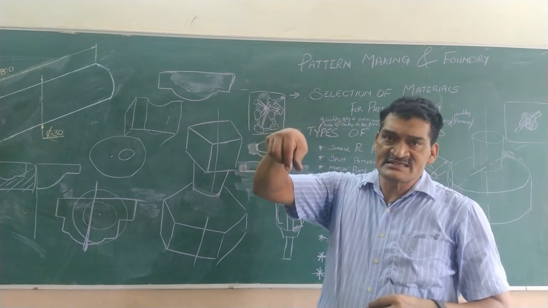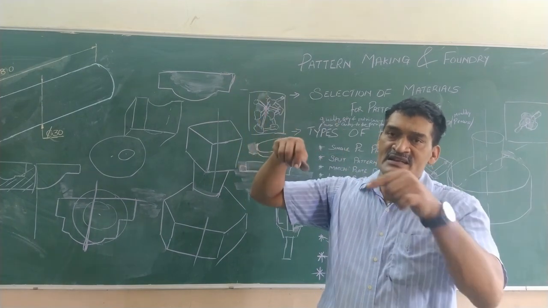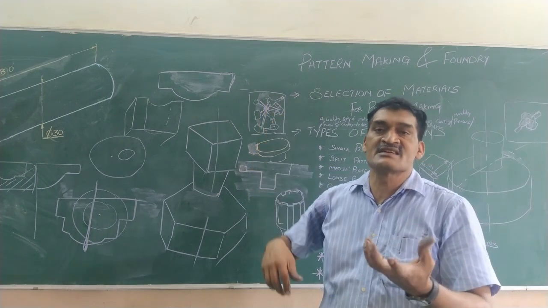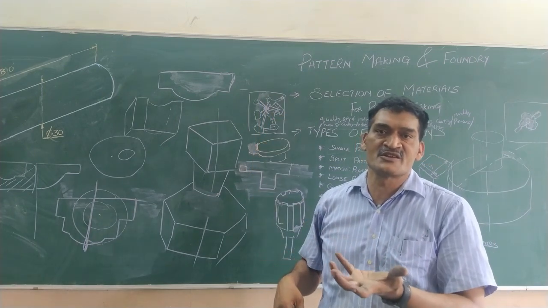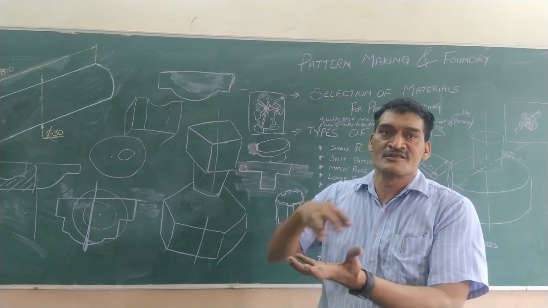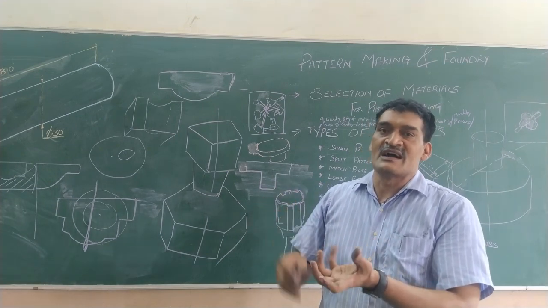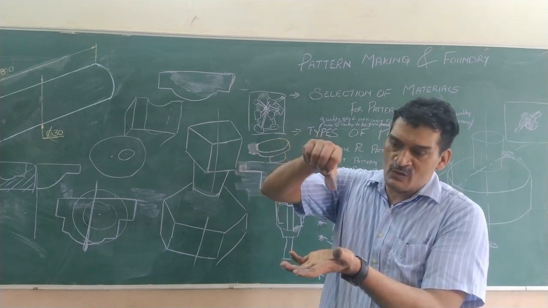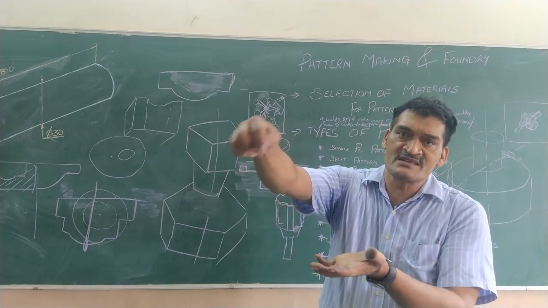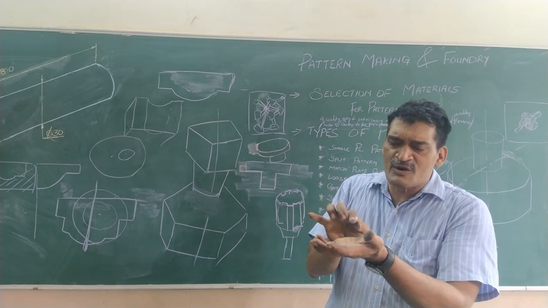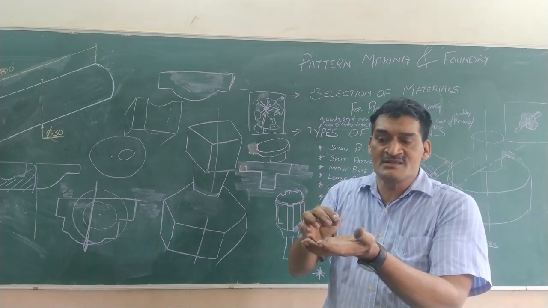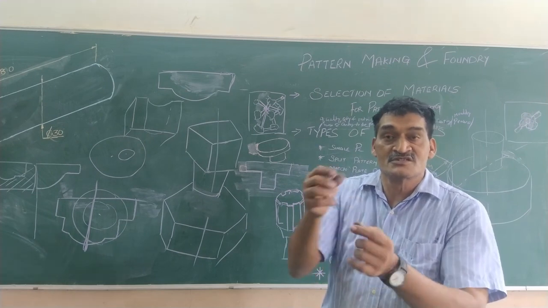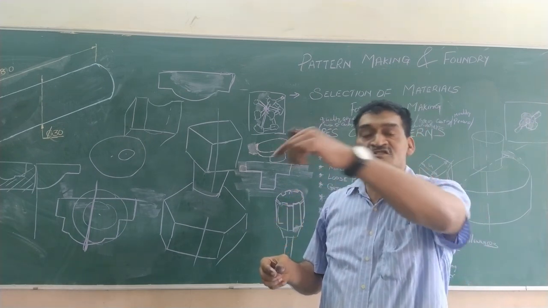So these passages are interlinked so that when you pour the molten metal, just like if you see in a refrigerator or a fridge, you have your ice tray. So if you pour water in one, it goes on filling. So there's a small gap in between one mold to the next mold. So that way it goes on filling.